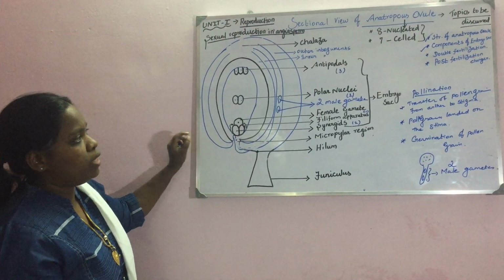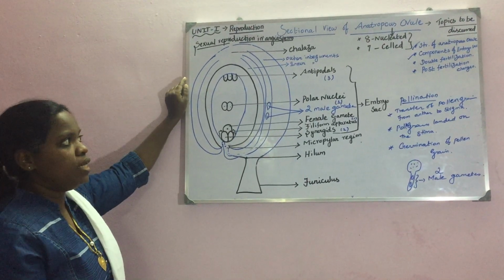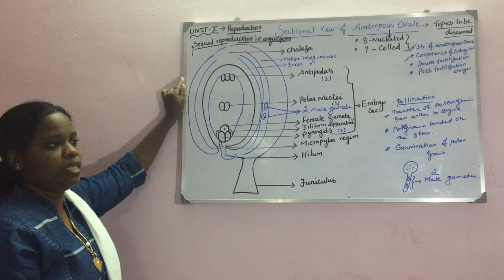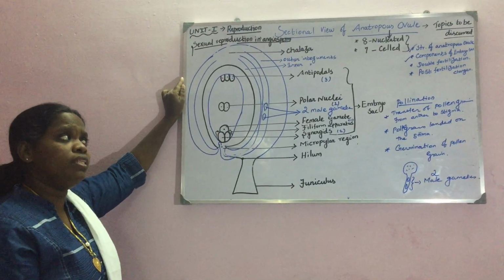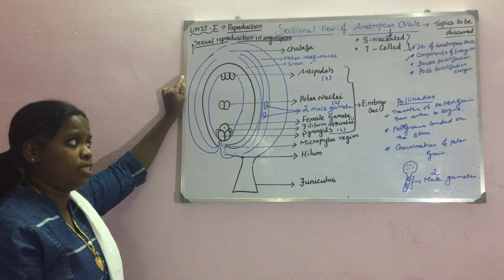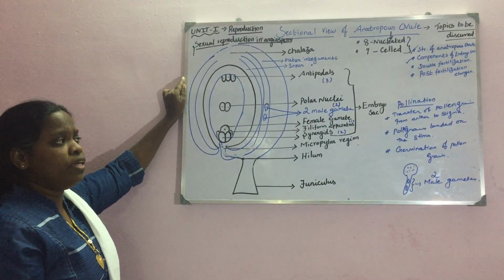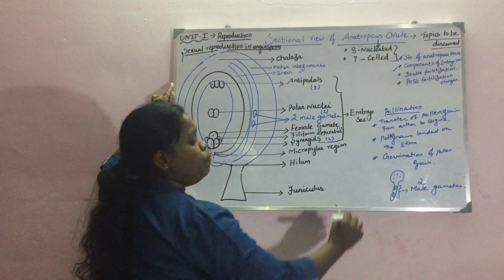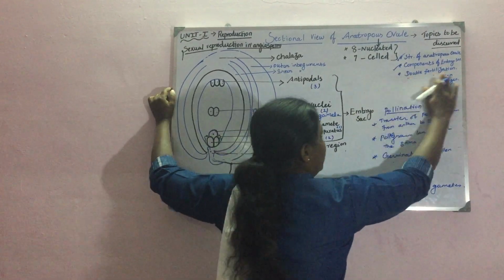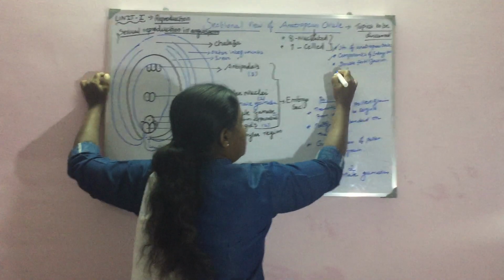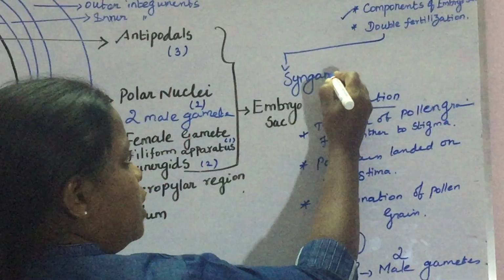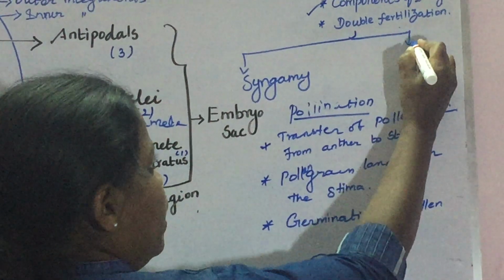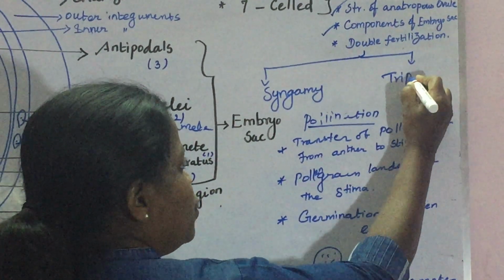Okay. The next one is called double fertilization. In angiosperms, fertilization is double, so it is called double fertilization. Double fertilization includes syngamy and triple fusion.